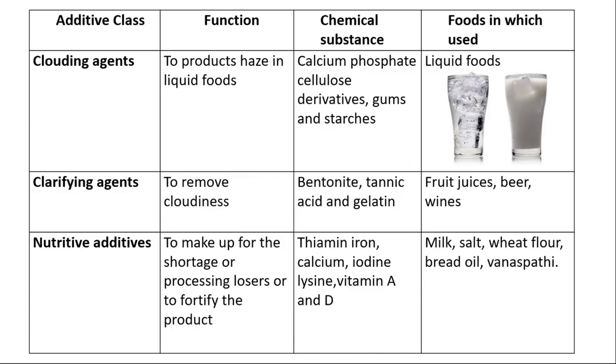Then you have clouding agents to produce haze in liquid foods. Then you have clarifying agents to remove the cloudiness, such as in beer and wines. And we have the nutritive additives which are permitted for fortification, such as thiamine, iron, calcium, iodine, lysine, vitamin A, and vitamin D. These are not regulated, these are permitted by the regulators.